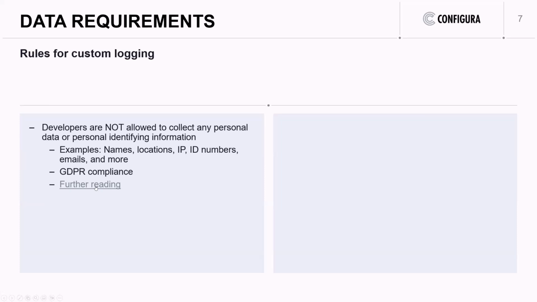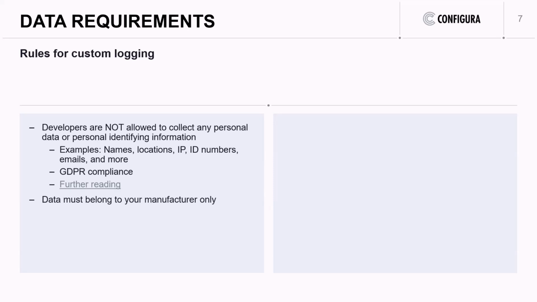I don't know if with this new Dev Academy the PowerPoint is made available, but I have a link here if you are able to access the PowerPoint. But you can see the address here. It's just GDPR. You can just search for what actually counts as personal data. So all information that any developer or manufacturer logs has to be compliant with GDPR privacy standards.